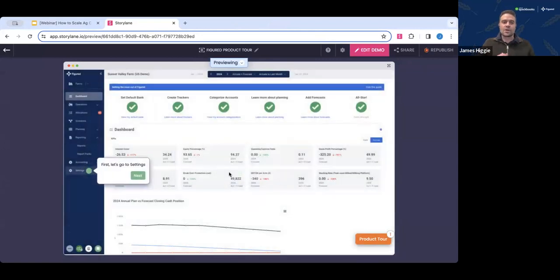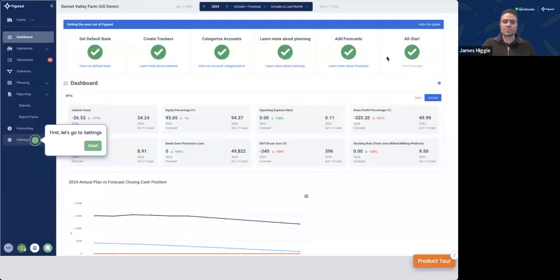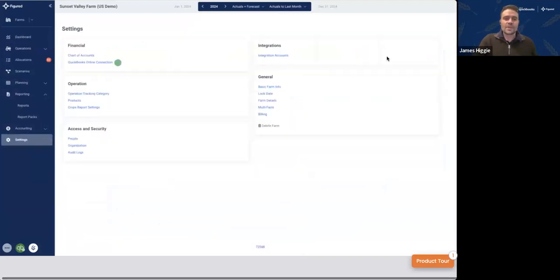So I've stood this up as an overview of how Figured can be used to address the now, the where, the how, and also how Figured integrates with QuickBooks Online. I think it's incredibly important in that it's two different companies that have made a decision to come together to better support clients, and there's an integration and a sharing of information to make that make sense. So how do we work?